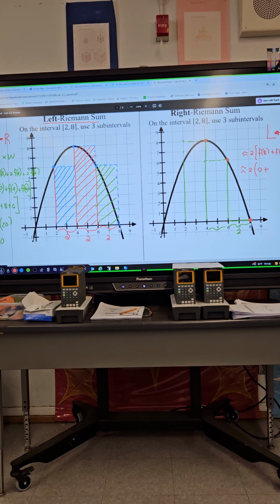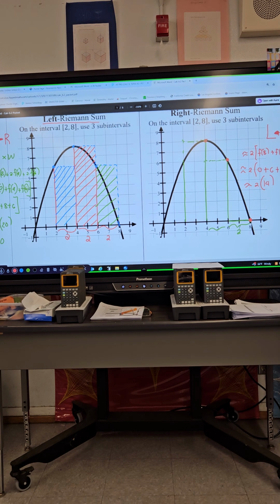What's the height of 6? It's going to be 6 also, right? Okay, so plus 6. And what is f of 4? 8. Add this, so which means 14.